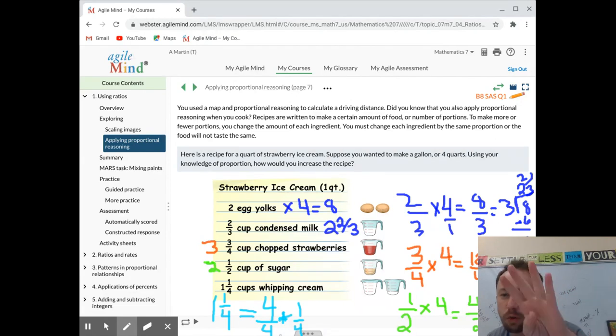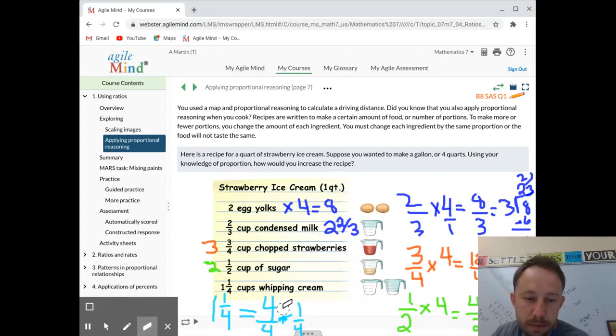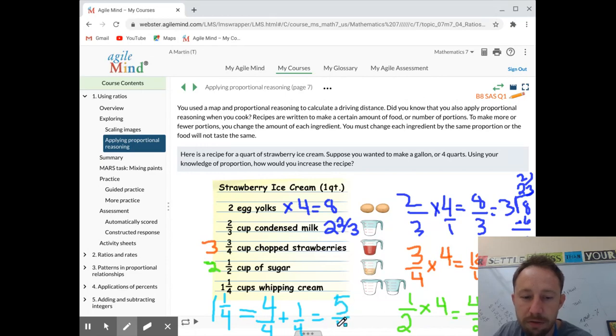Since it's 4/4 and we have 1/4, if I combine 4/4 and 1/4, how many fourths do we have? 5. That's right. So we have 5/4. All right. So that is the first step. So that means that 1 1/4 is equal to 5/4.